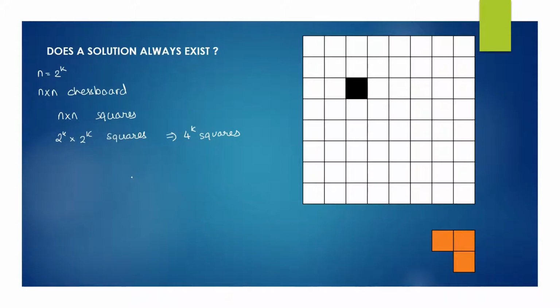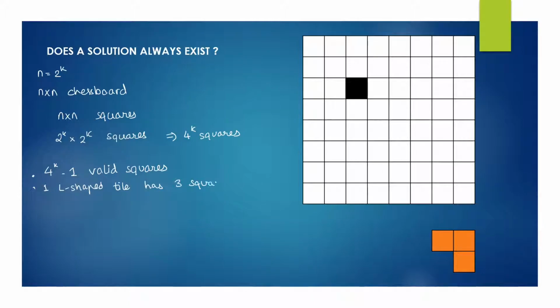Now out of these 4 power k squares, you make one square defective, or we don't count that square from now onwards. So after making one particular square defective, you have 4 to the power k minus 1 valid squares. Okay. And one L-shaped tile has 3 squares, right?